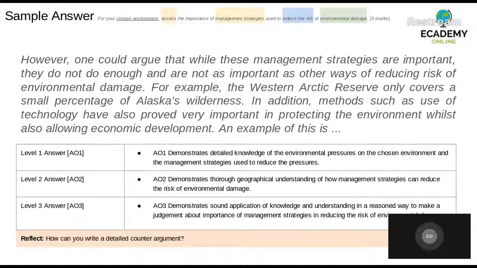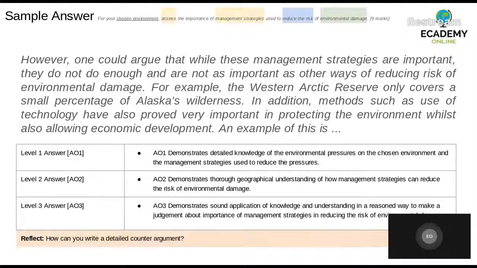Okay, so this paragraph here, let's have a run through this together. So it starts off with the word however. So that's a good start for a latter half of your answer, because it's saying that actually there are some other sides to this as well.